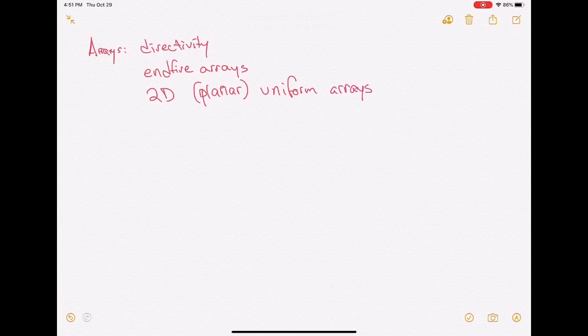First of all, in general, the directivity of an array is kind of hard to calculate exactly in closed form.